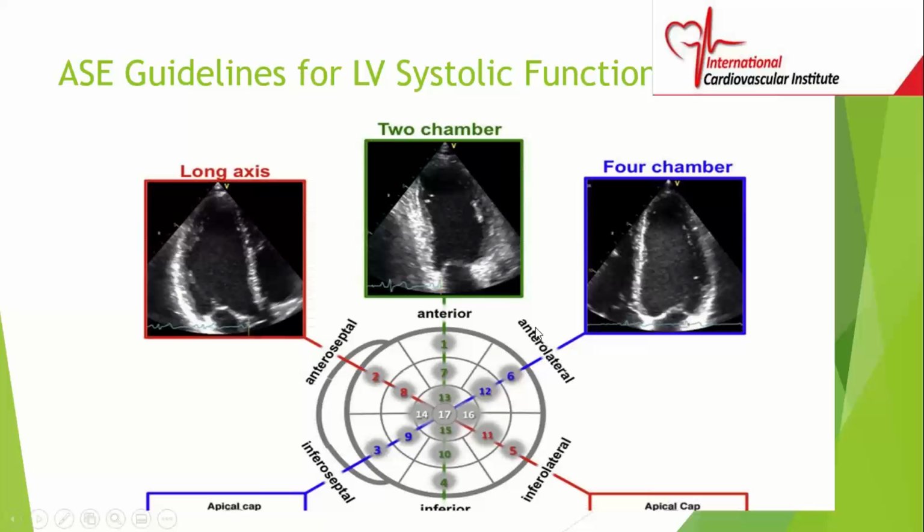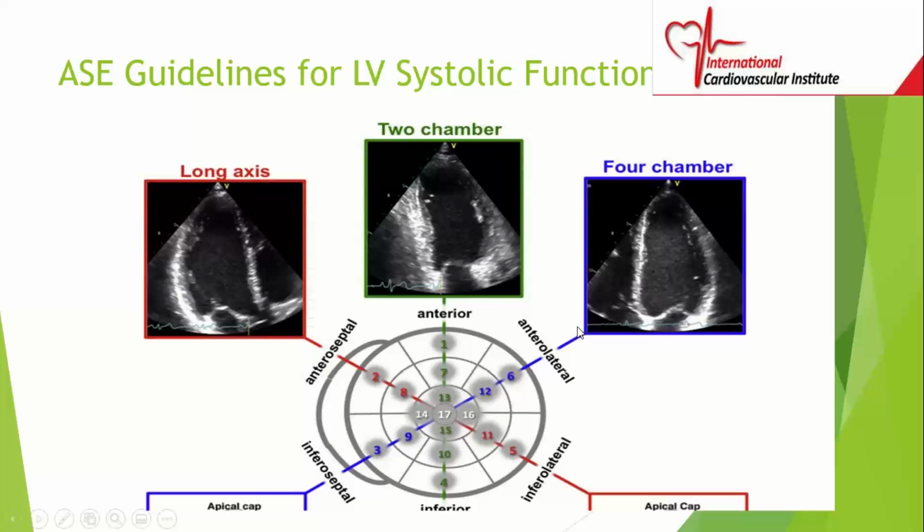So you can see we cut across the anterior lateral wall. This is the basal segment, which is closest to the mitral valve. So this is our basal anterior lateral wall. This is the mid, and this is the apical. So this is a 4-chamber view.